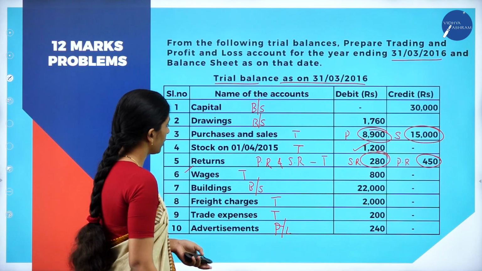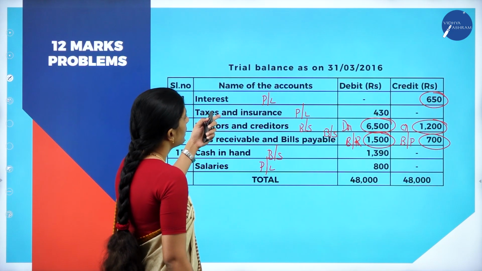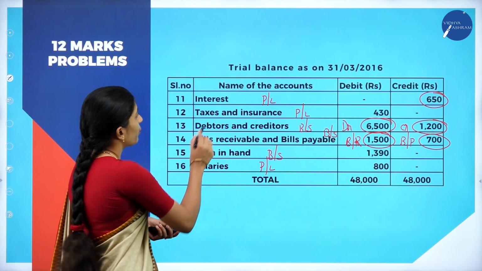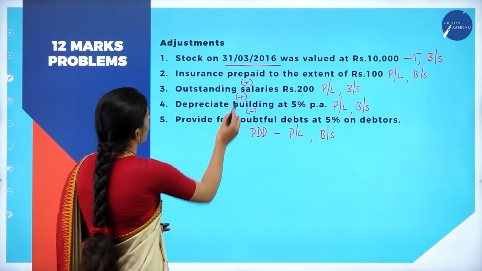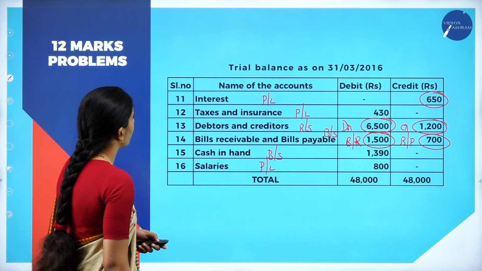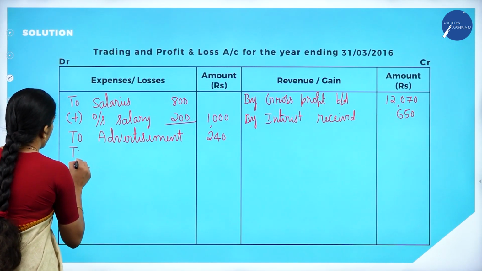So once again we shall check our trial balance. Anything left out in your P&L account? Advertisement 240 is done. Next, interest is done. Taxes and insurance 430. For taxes and insurance we have insurance prepaid, you have to minus. So how do you write? To taxes and insurance 430 minus prepaid 100.